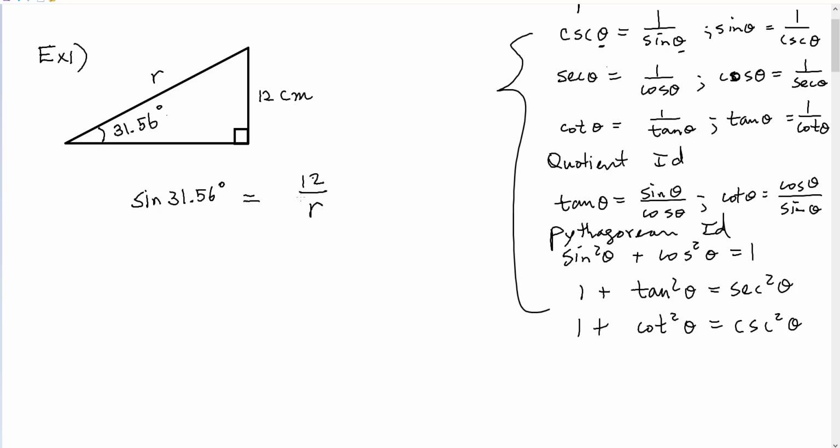So then, like the earlier example, R is not equal to 12 times the sine. It's 12 divided by sine 31.56 degrees. Now go ahead, enter it in your calculator and give me the answer.